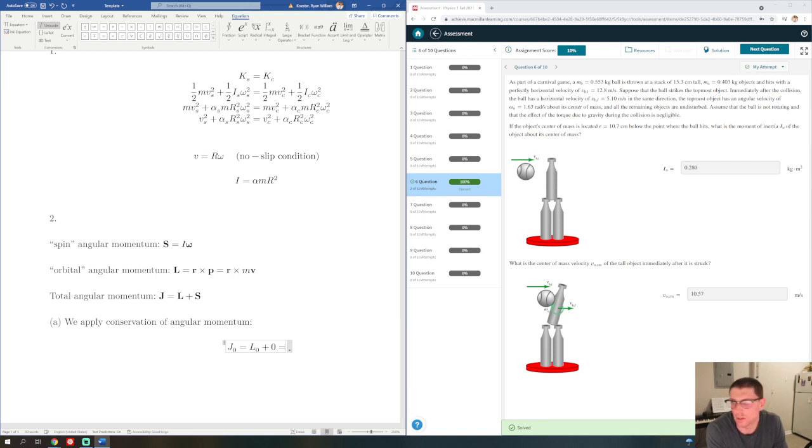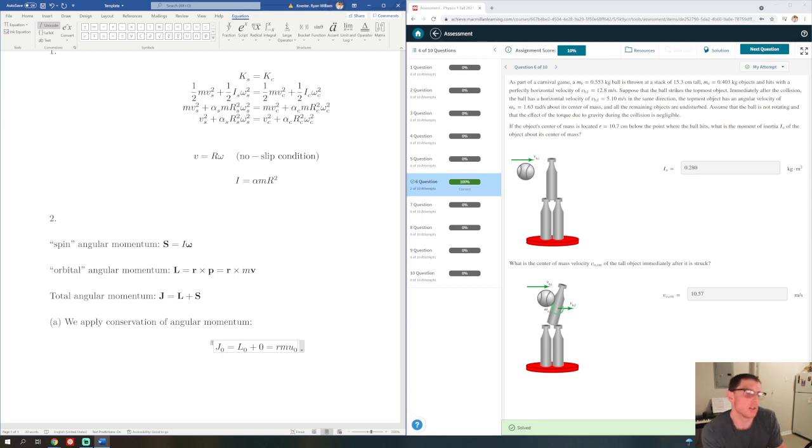I'm going to switch the notation here because they're using a ridiculous number of subscripts, in my opinion. This is just RMU naught for the ball, where U naught is the initial speed of the ball. For me, it's 12.8 meters per second. For you, it's whatever it's going to be. Nothing is spinning, so we don't have to account for S.